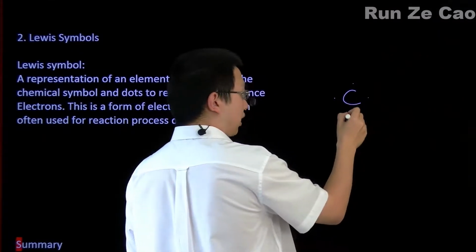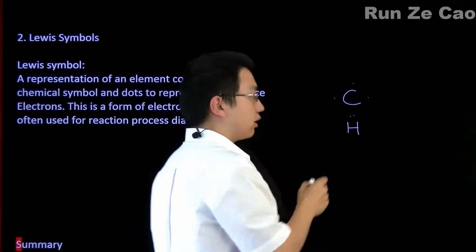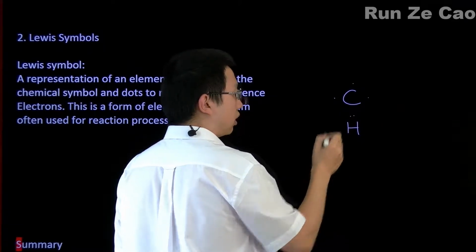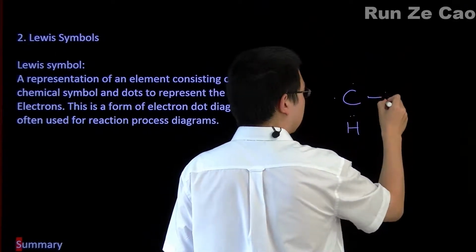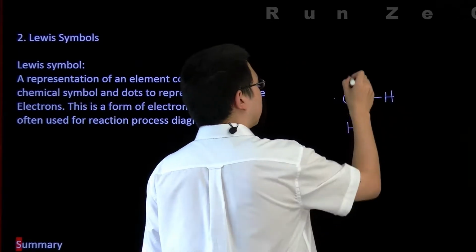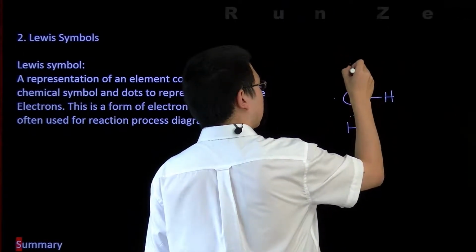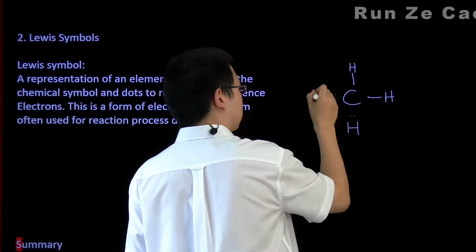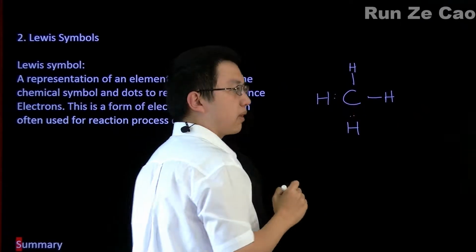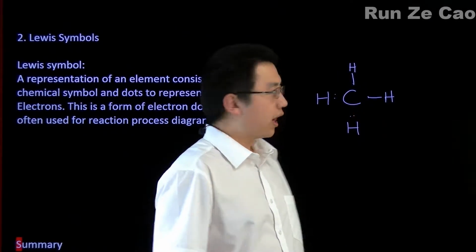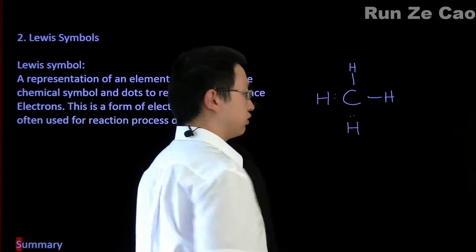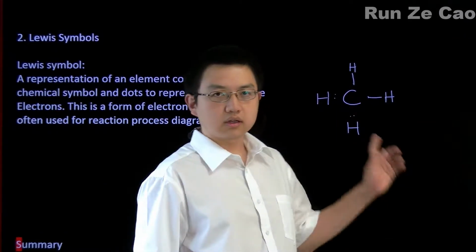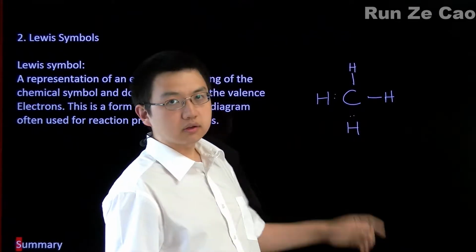Here, we show the hydrogen bonded to the carbon, by using either a pair of dots or alternatively a line. Now, what is this molecule that I'm drawing? This is methane. I have shown both conventions of drawing Lewis diagram bonds.